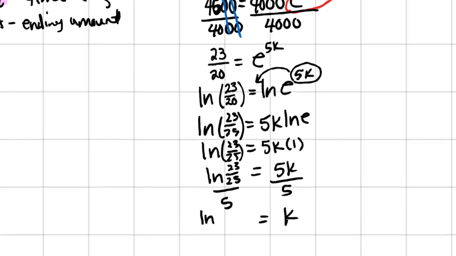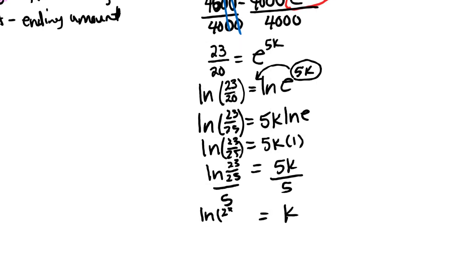Natural log of 23 over 25. I apologize, I changed that 20 to a 25 for some reason. Let me put it back to 20. 23 over 20, all over 5. So that is our growth rate.